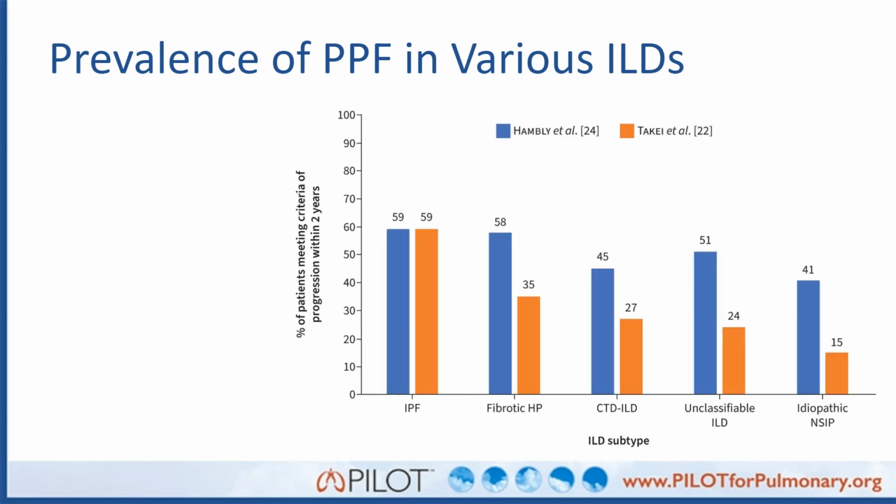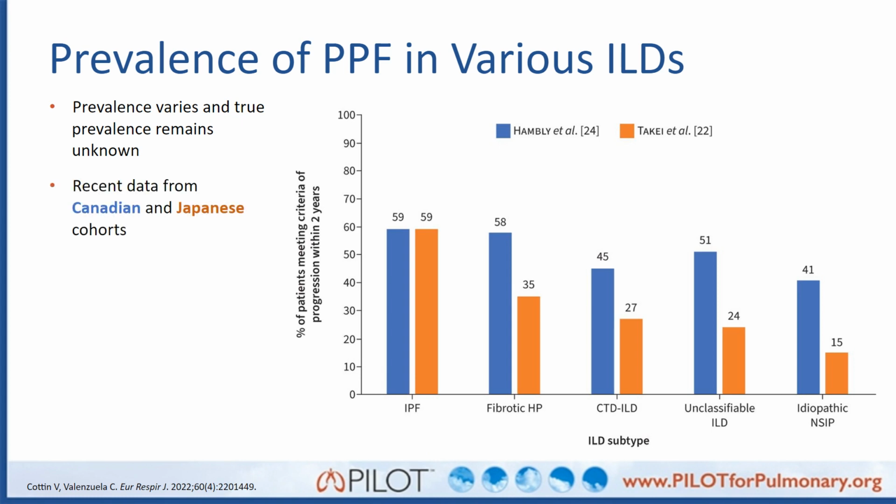And then the prevalence, from actual data, again, because that previous slide was based on a consensus statement, there have been studies and recent data from Canadian and Japanese cohorts which use slightly different criteria for PPF, also demonstrated that many patients with these different types of ILD can have progressive pulmonary fibrosis.